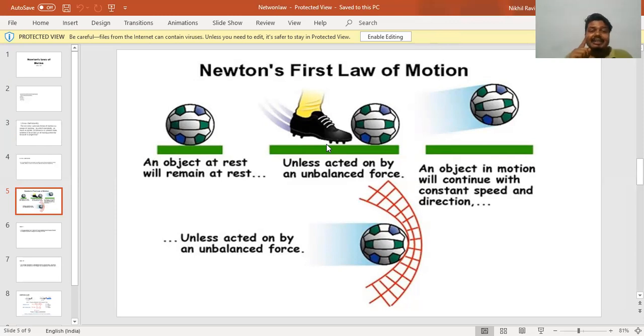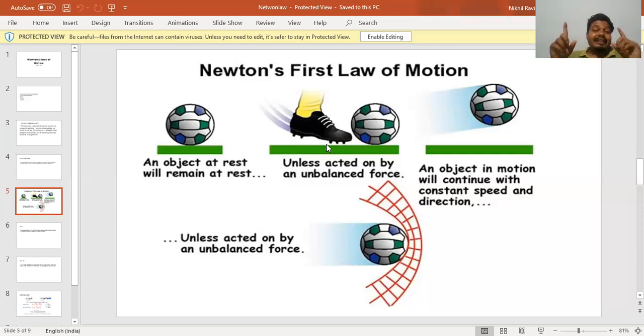This is acted on by an unbalanced force. Suddenly kicking or suddenly pushing is an unbalanced force. After that, the ball will slide.